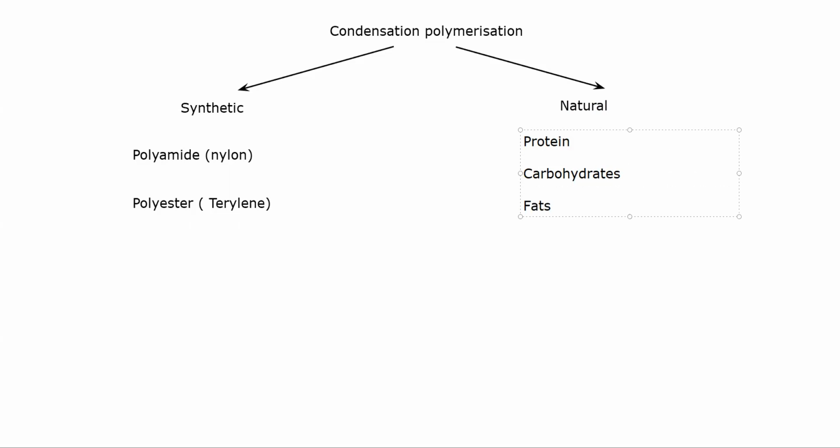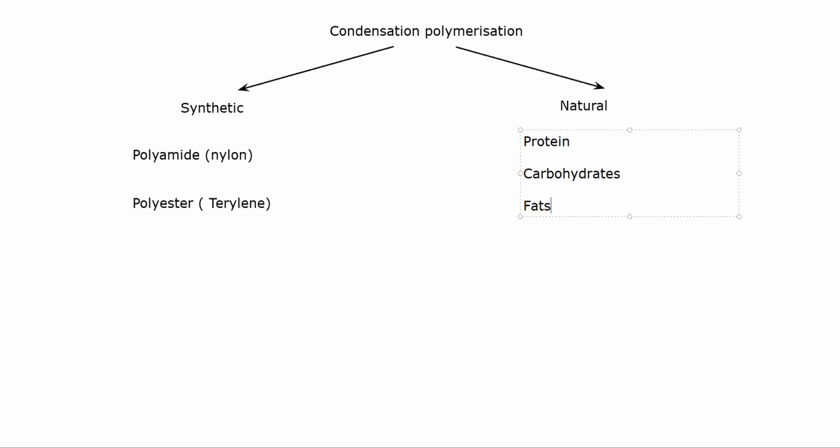So we'll discuss the formation of these natural condensation polymers. Protein is also a condensation polymer. Carbohydrate or starch is also a condensation polymer. A molecule of a fat is also a condensation polymer.